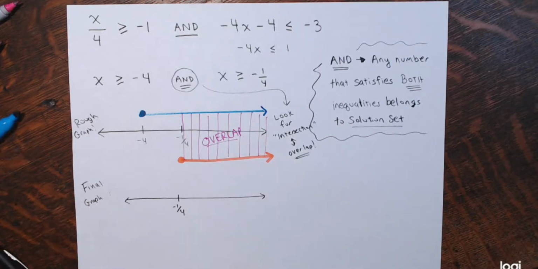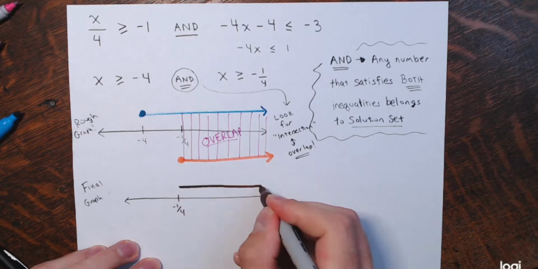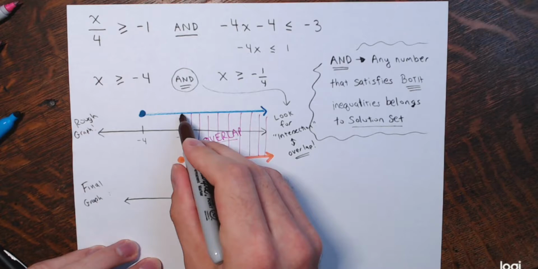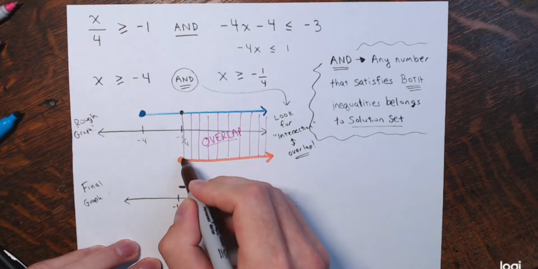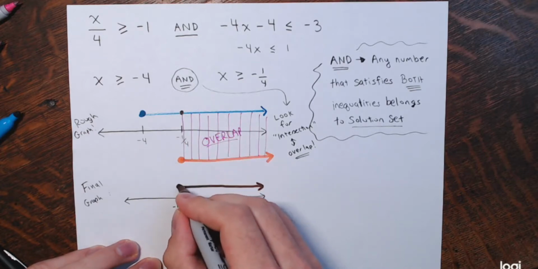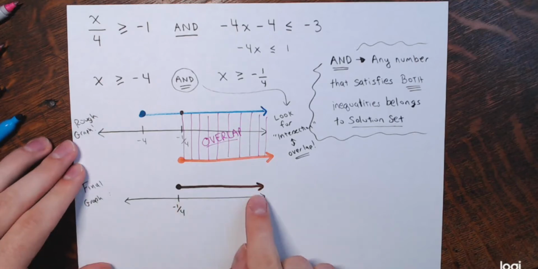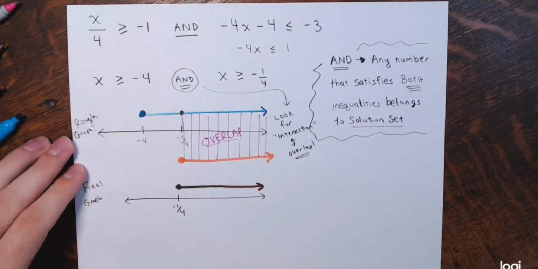So the numbers to the right of negative 1/4, all these numbers are on both graphs. Then how about negative 1/4 itself? Well, yeah, it's on the top graph, it's on the bottom graph, so it is included in the overlap, in the intersection. So there's the final graph, and then there's a picture of the solution set to this compound inequality.